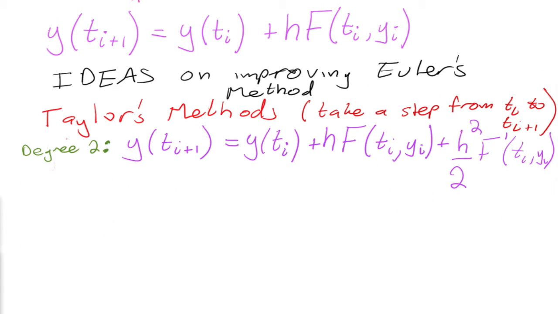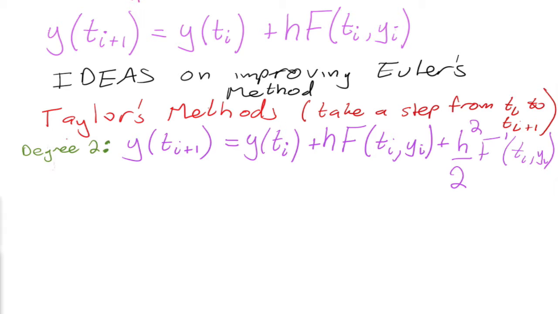And then if you wanted a better approximation, you would do another one, and then another one. Of course, as you add more and more terms, the computational cost also increases. But it would give you a better approximation than just the linear case.